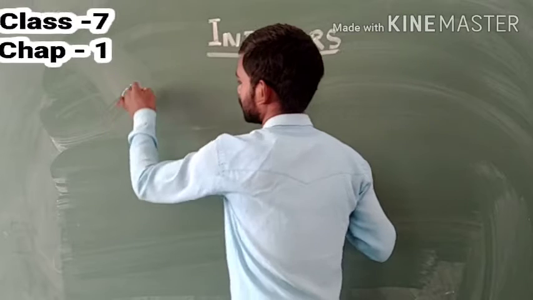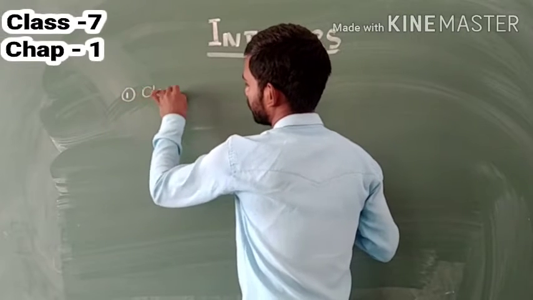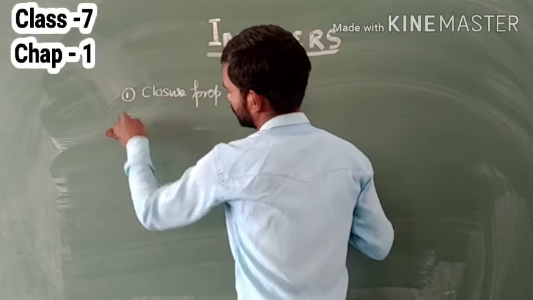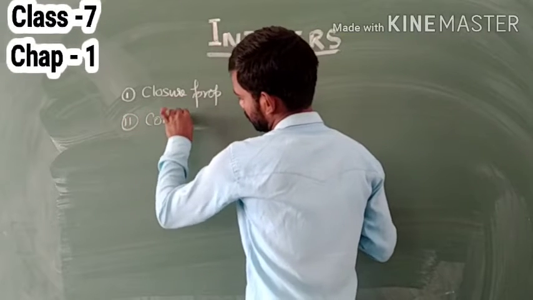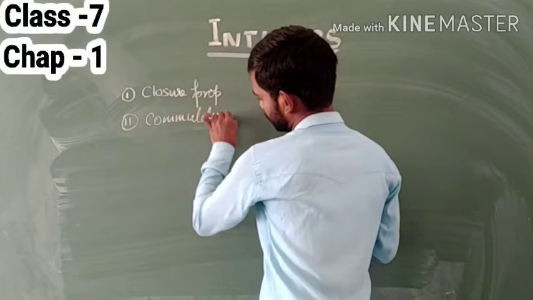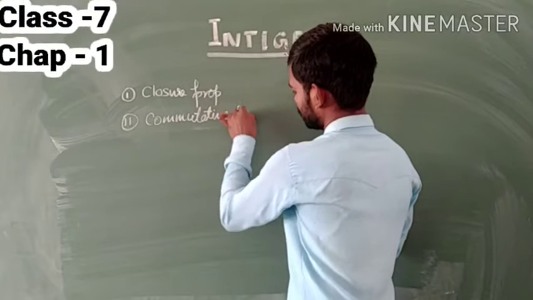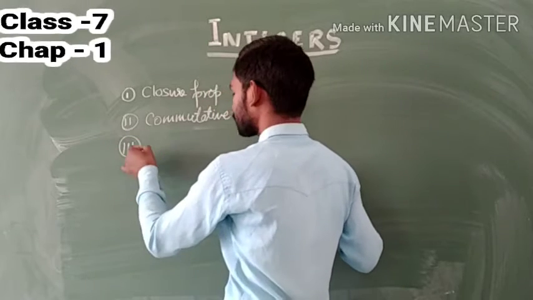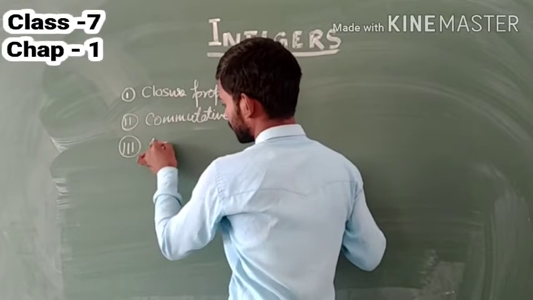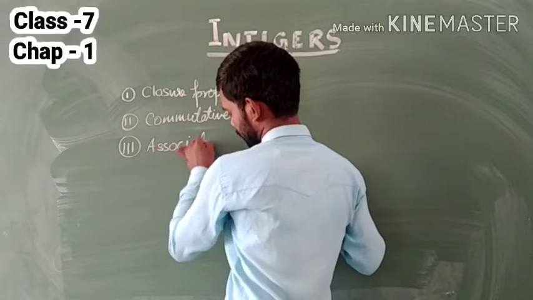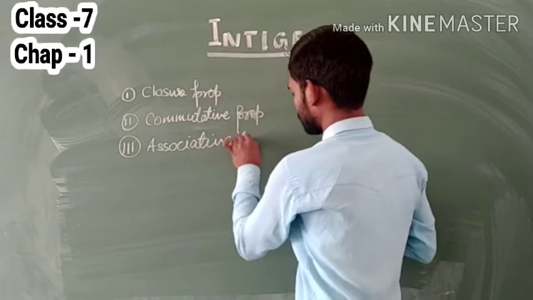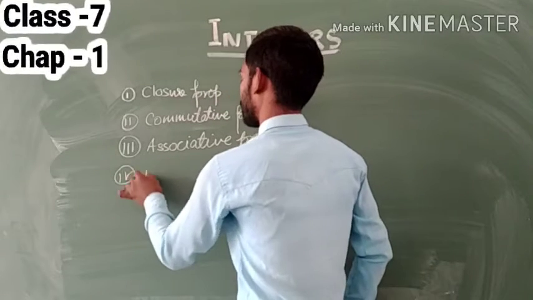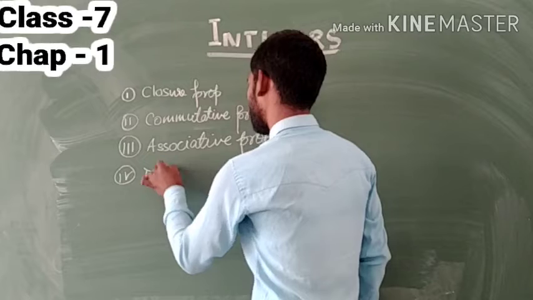The first was closure property. The second is commutative property. The third is associative property. The fourth is distributive property.